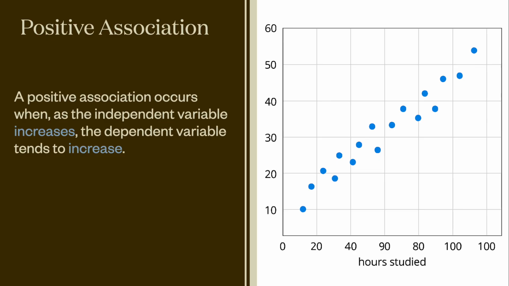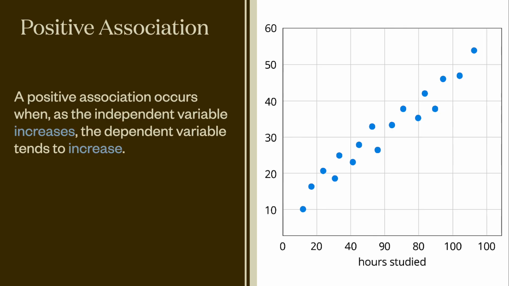There are a few kinds of association that we're going to familiarize ourselves with. And the first is what's known as a positive association. And a positive association occurs when, as the independent variable increases, the dependent variable also increases. And when we plot this, what it looks like is points moving upward as we read the graph from left to right.